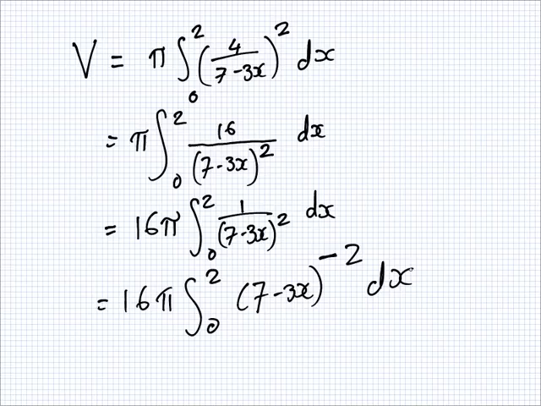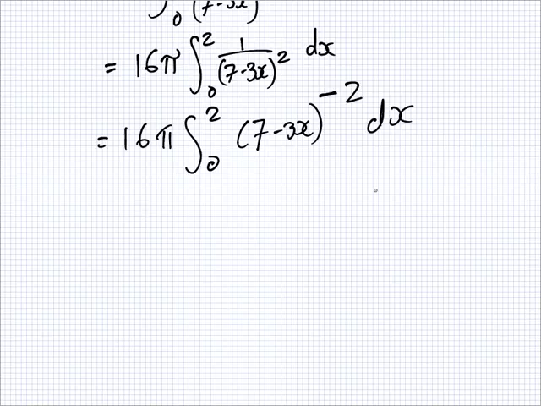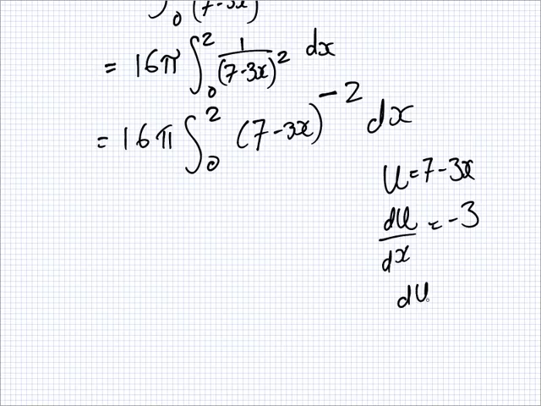Okay, now any ideas on what we can do next to integrate this? Any bright ideas? What would you substitute here? Yeah, let u equal 7 minus 3x. So du dx equals minus 3. So du over minus 3 equals dx.